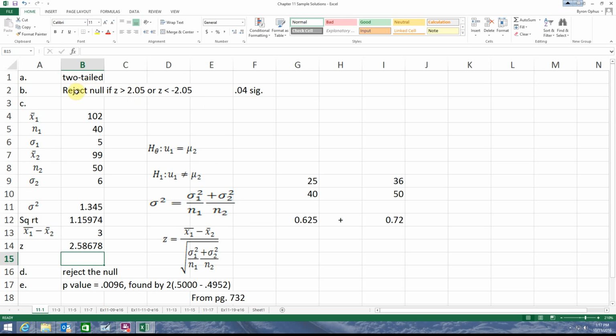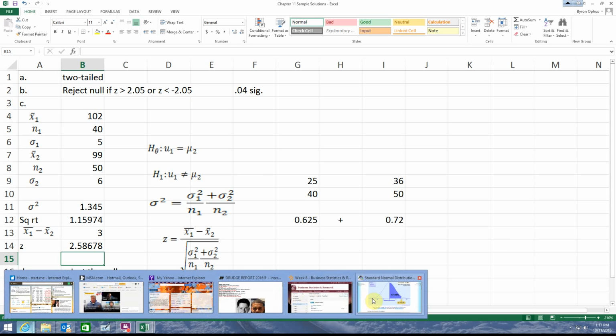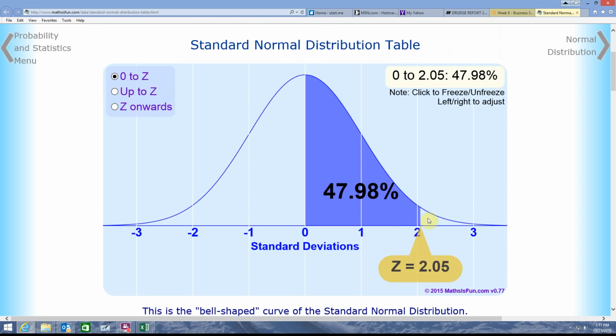Okay, and the decision rule, which I stated up here and didn't talk a lot about, is reject the null if z is greater than 2.05, or z is less than minus 2.05. When we have a two-tailed test, that's what we're doing. We reject the null if our calculated z is either out here in this area, or out here in this area.